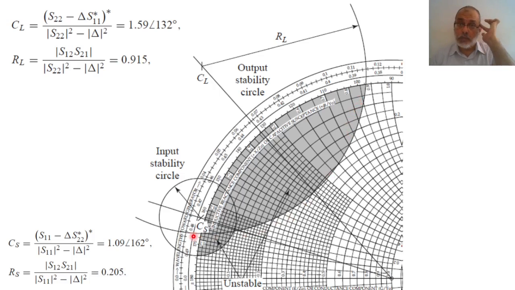Alright? Now, I have already drawn the gamma load circle, which corresponds to gamma input equal to unity.